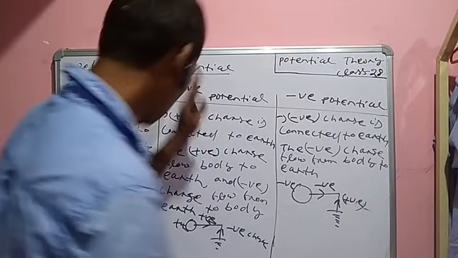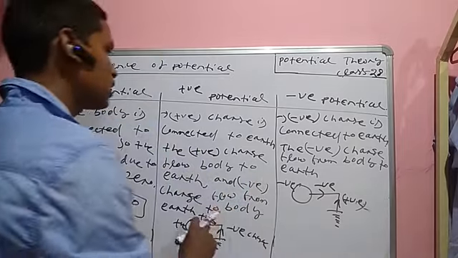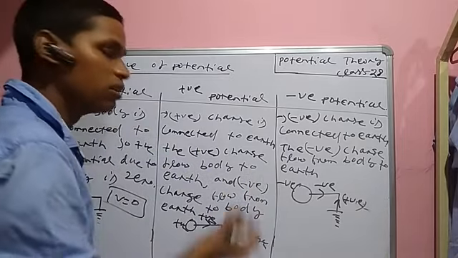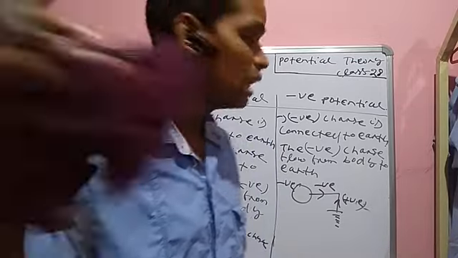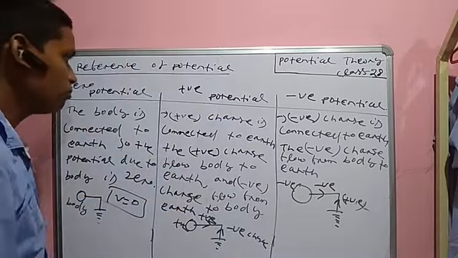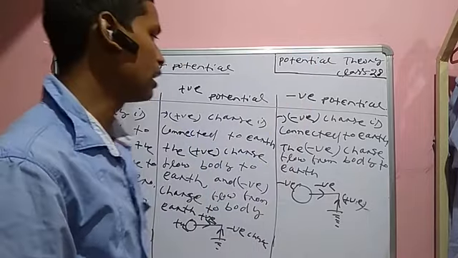Yes, but we have to think about zero potential, positive potential, negative potential. For positive potential, we have to remember that due to positive charge, the potential is created. That means you can write down some points.